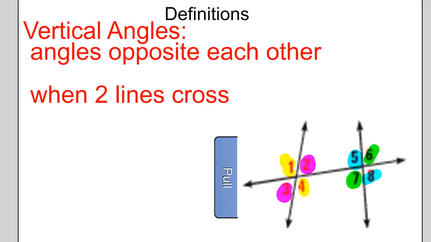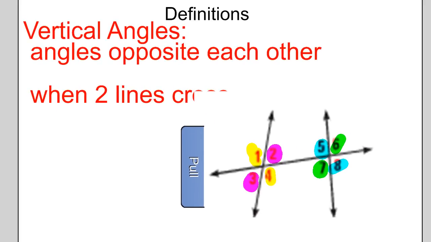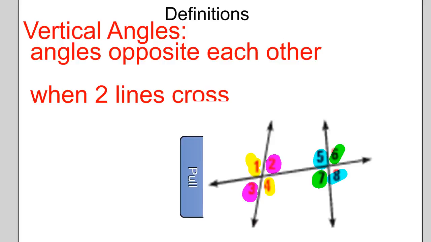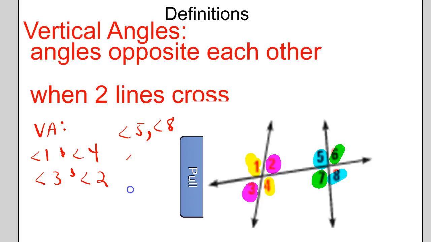So 1 and 4 are vertical, 3 and 2 are vertical, 6 and 7 are vertical, and 5 and 8 are vertical. Okay? So vertical angles, angle 1 and angle 4, angle 3 and angle 2, angle 5 and angle 8, and angle 6 and angle 7. Pause this if you need to, and when you're ready, come on back.